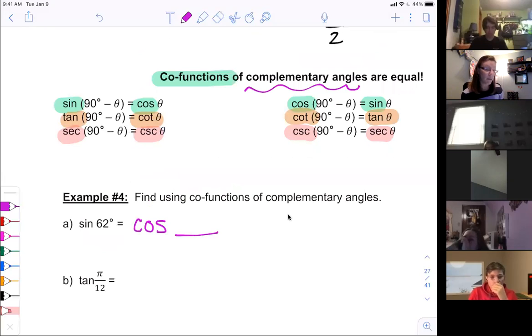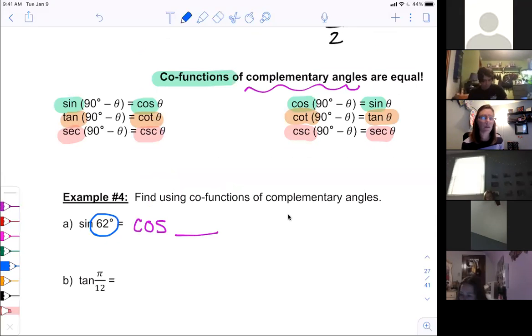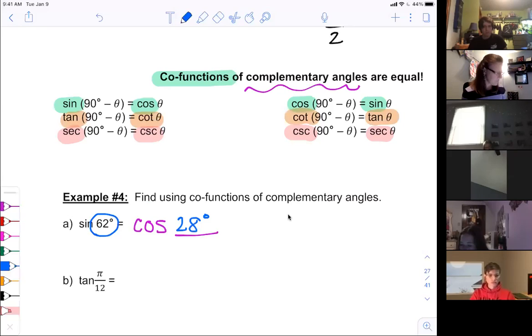So what would a complementary angle be to 62 degrees? Peter, what's a complementary angle of 62 degrees? Would it be 28 degrees? Say it with a little more confidence, Peter. Those two values are the same.